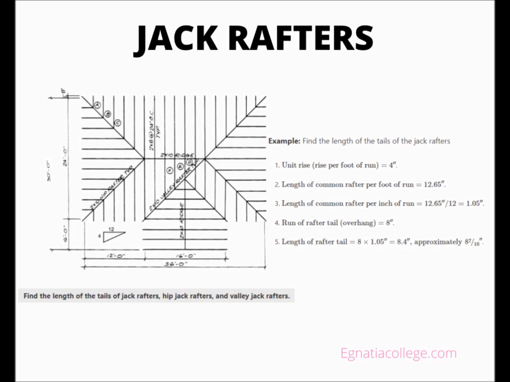Length of common rafter per inch of run is 12.65 inches divided by 12, equal to 1.05 inches. 4. Run of rafter tail, overhang, is 8 inches. 5. Length of rafter tail equals 8 times 1.05 inches, equal to 8.4 inches, approximately 8 and 7/16 inches.